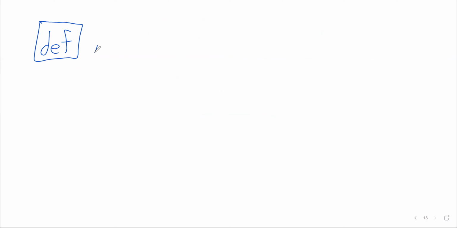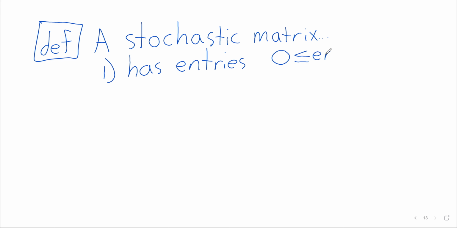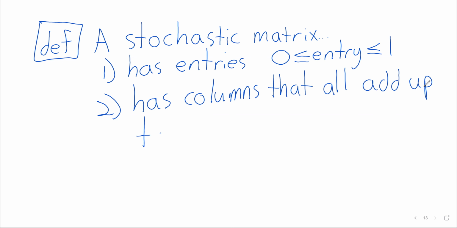The definition will be that a stochastic matrix has all of its entries between 0 and 1, and has columns that all add up to 1.